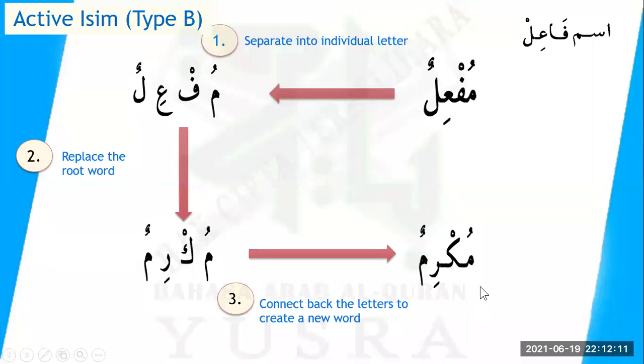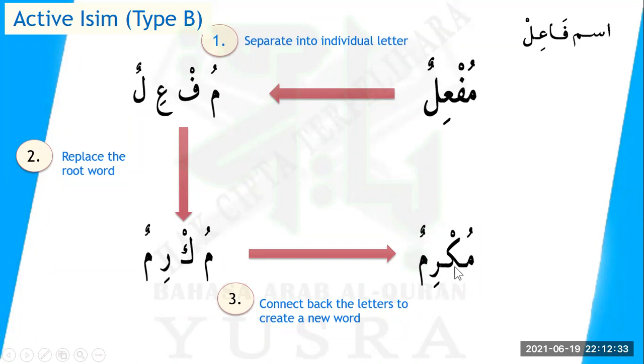Muf'ilun is a doer. Mukrim, the one who, now a problem, how to translate it. The one who honors. The one who does, or a doer. The one who honors someone.